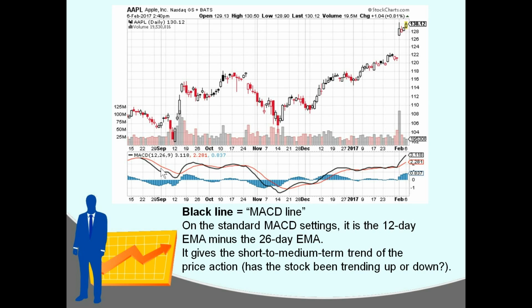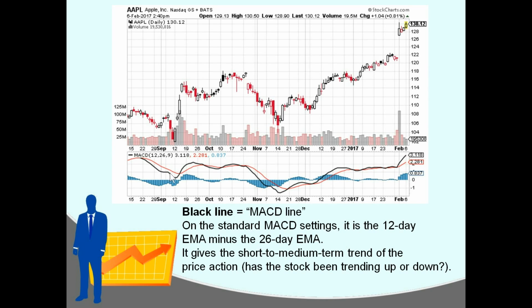So what are these three parts? Well, the black line, that's the MACD line. Now on the standard MACD settings, and so if you go to stockcharts.com, by default they'll put it on the standard settings. On the standard MACD settings, the MACD line is the 12-day exponential moving average minus the 26-day exponential moving average.